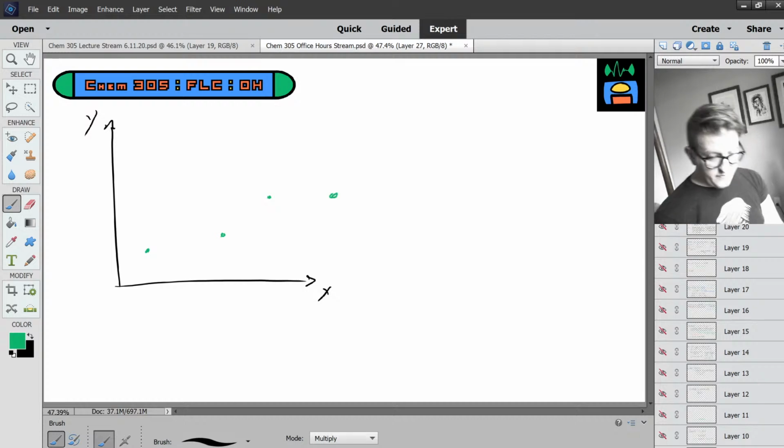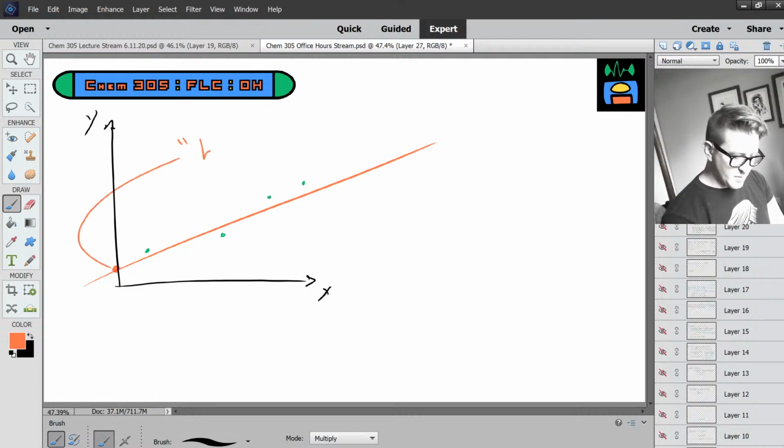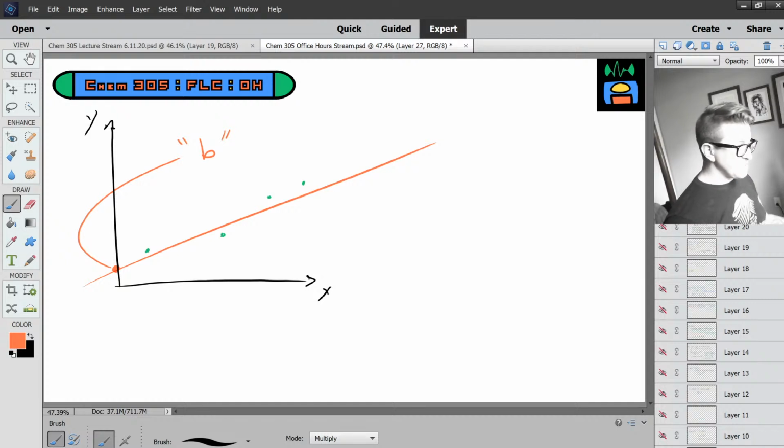And if you physically graph it, then you just make a line that best fits the data as best as you can see, and you take that value, and that is your B. Or you can plot the known things in Excel, and Excel will tell you what the value for B is because it'll give you the equation of the line.